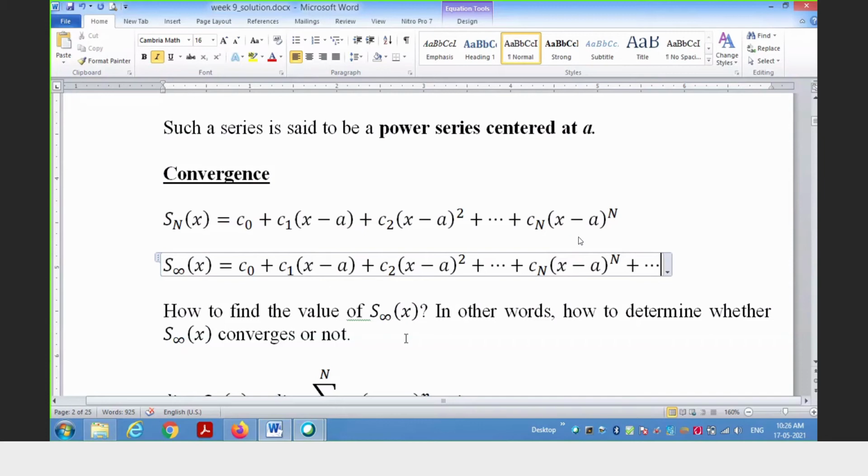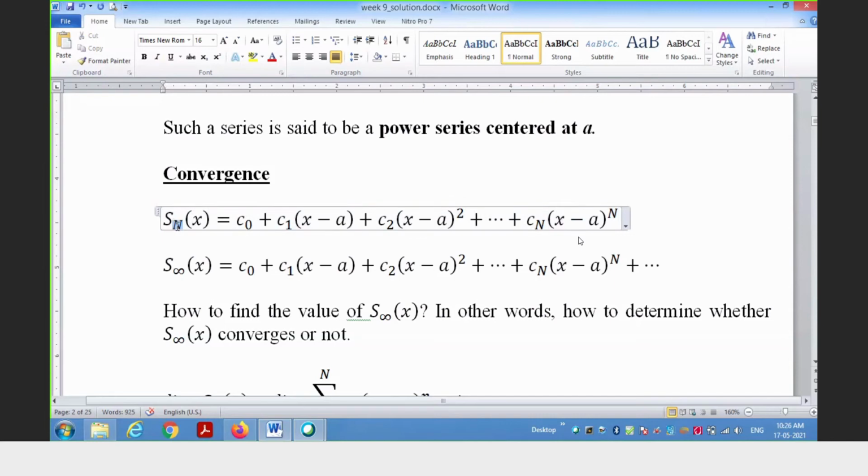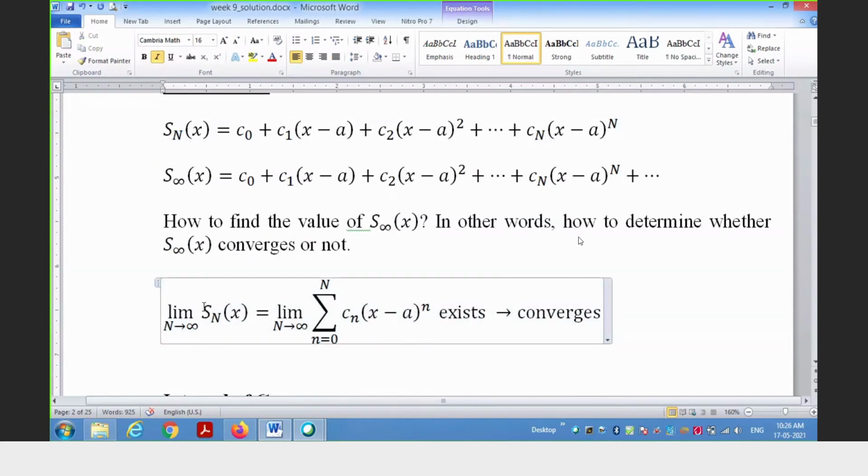Since it's impossible to add all these terms to find the value because it's a never-ending process, as I mentioned earlier, one of the strategies is to find Sn, the n partial sum, and then take the limit as n goes to infinity.